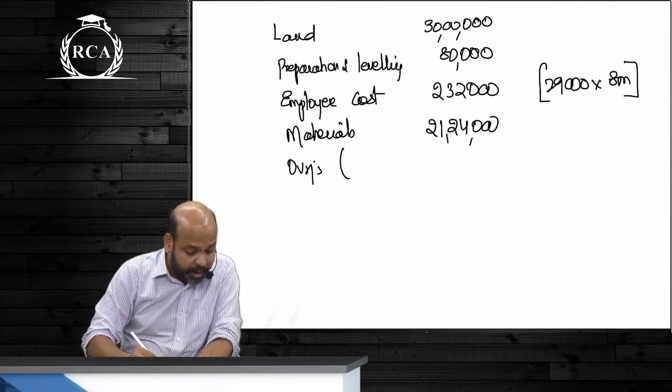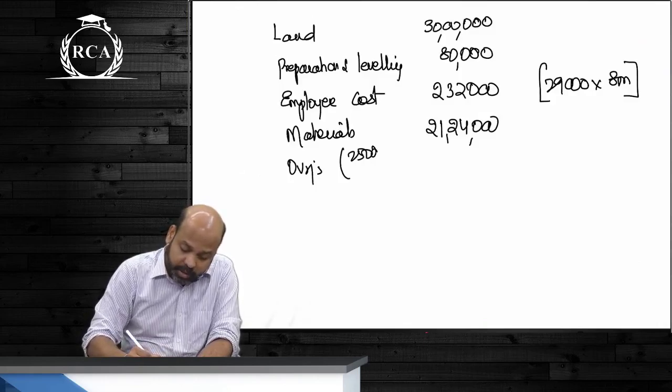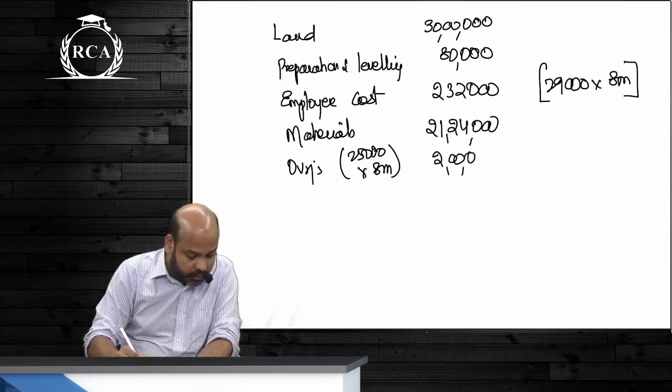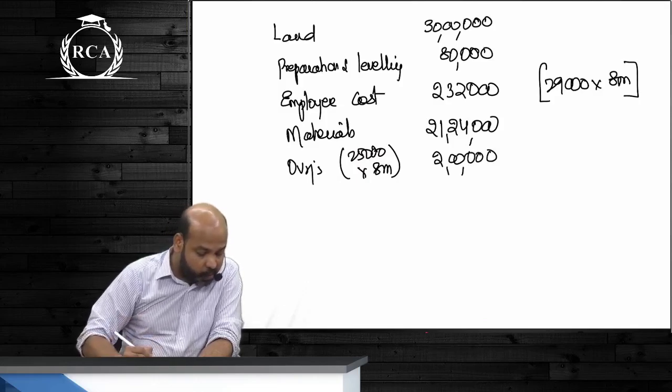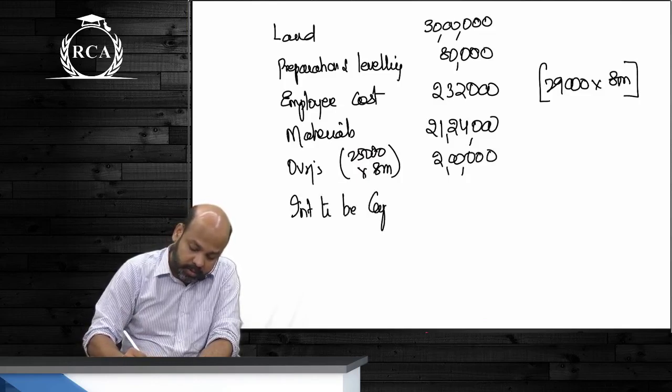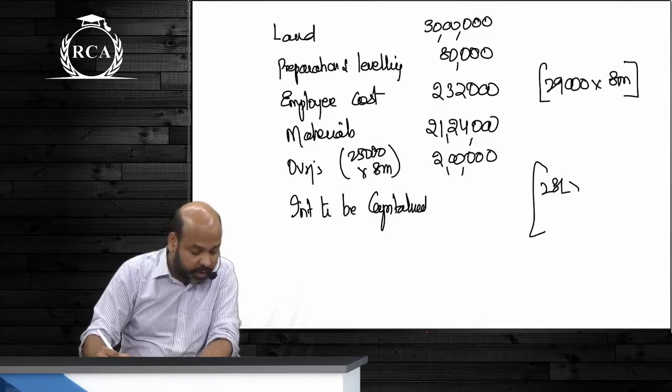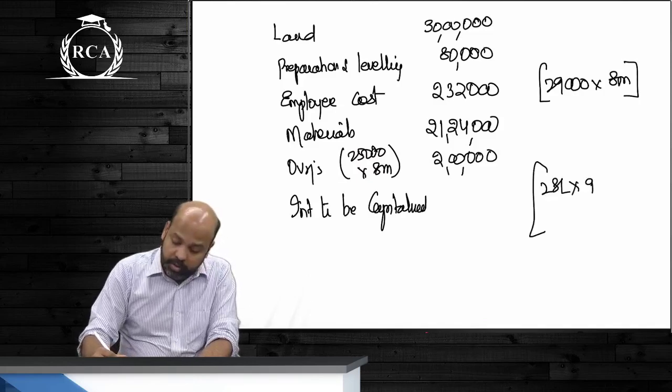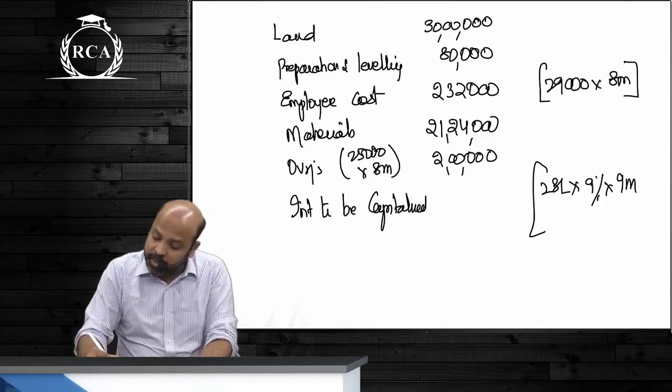Overheads, beta. How much is it per month? So 25,000 into 8 months. How much will that be? 2 lakhs. Interest to be capitalized, beta. 28 lakhs into interest rate 9% into 9 months by 12 months.